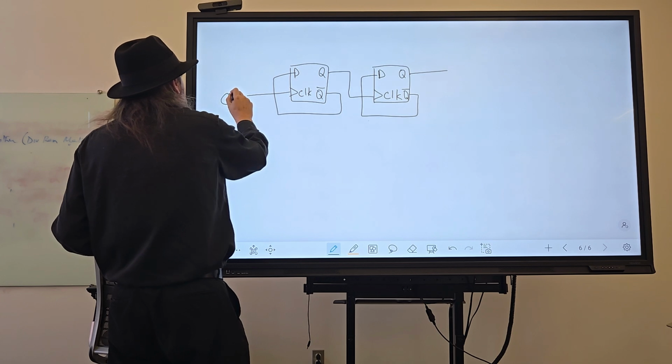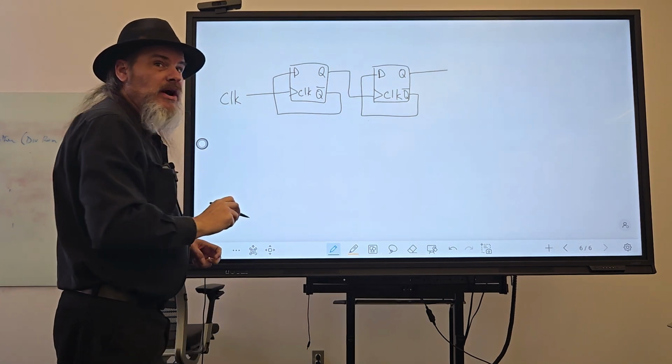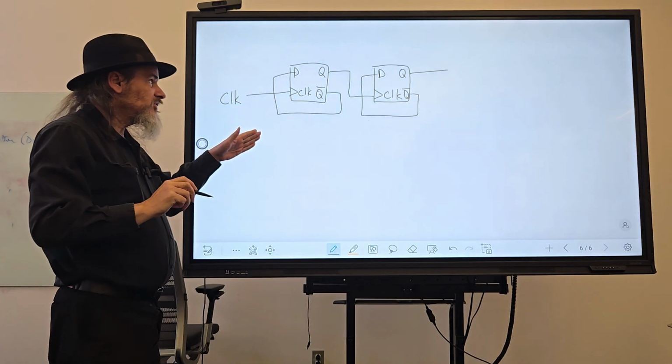You have your clock here, and this is a frequency divider.